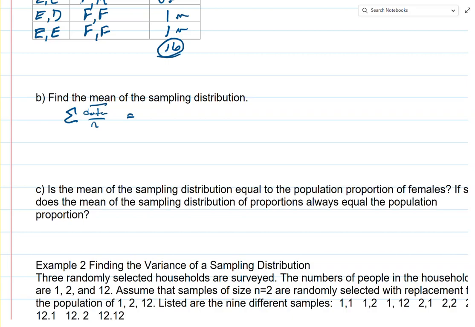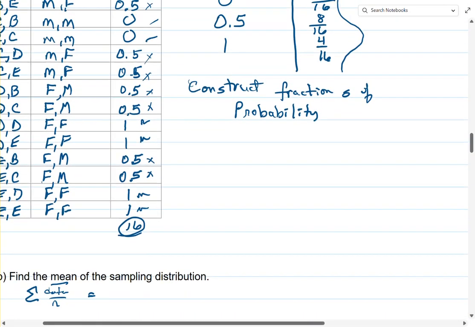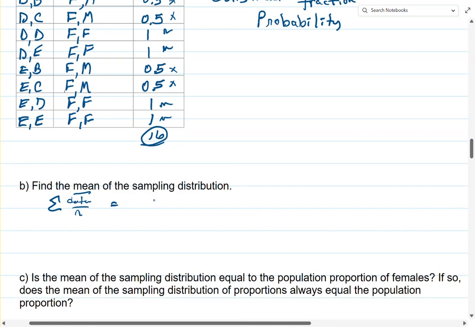So in this case, let's look at our table here that we constructed. We have 0 as an entry value 4 times.